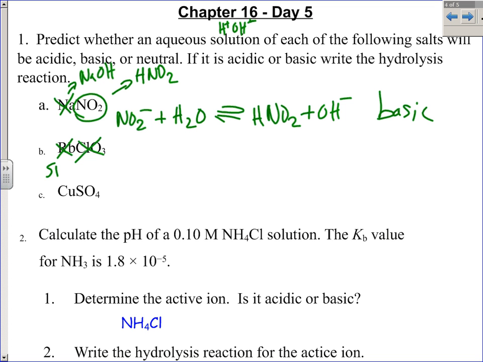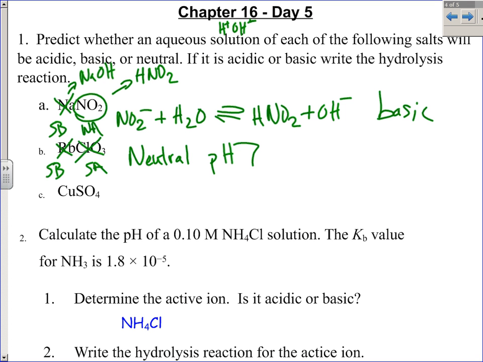So this comes from a strong base and this comes from a strong acid. Neither is going to be active, so I know this is going to be neutral, pH 7. The one up above came from a strong base, so we ignored it, and that came from a weak acid, so we couldn't ignore it. Here they both came from strongs, so we could ignore them.